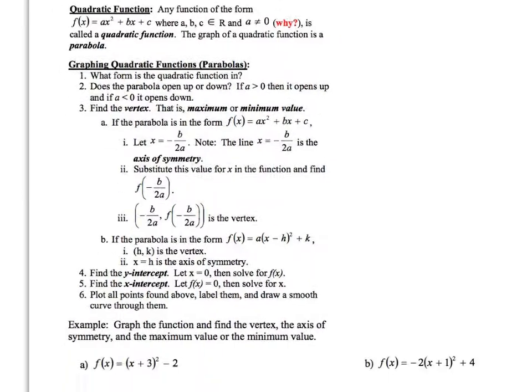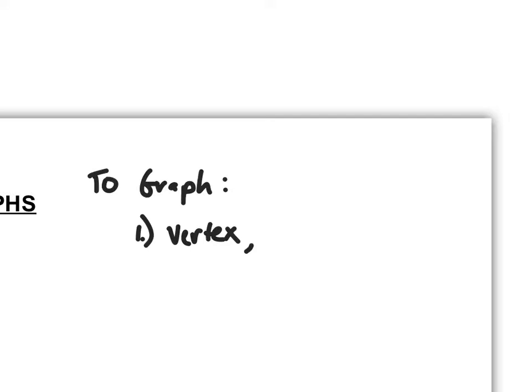So, to graph, we need to first find the vertex. And the x value of the vertex can be found by doing opposite b over 2a.